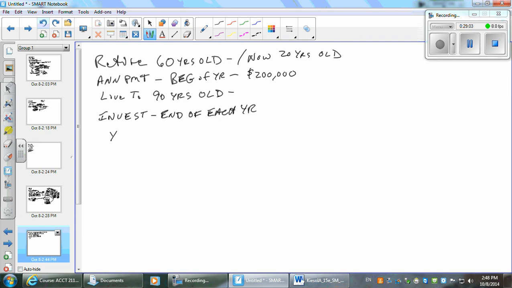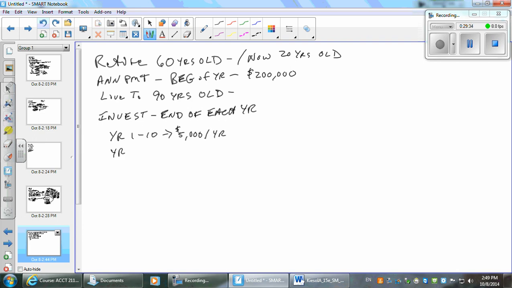Let's say you're going to invest at the end of each year in years 1 through 10 $8,000 per year. You'll never do that much. Let's do $5,000 per year, thinking after taxes now.